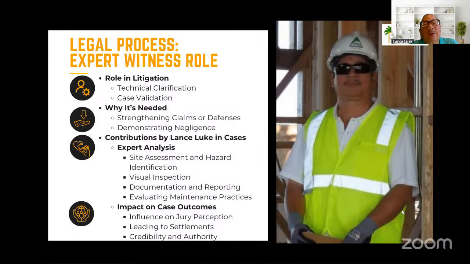The location could be anywhere. It could be a building, a parking lot, a highway, a forest, a beach, practically any place. So the expert witness role in litigation is to do research, uncover the facts, and report on the truth.